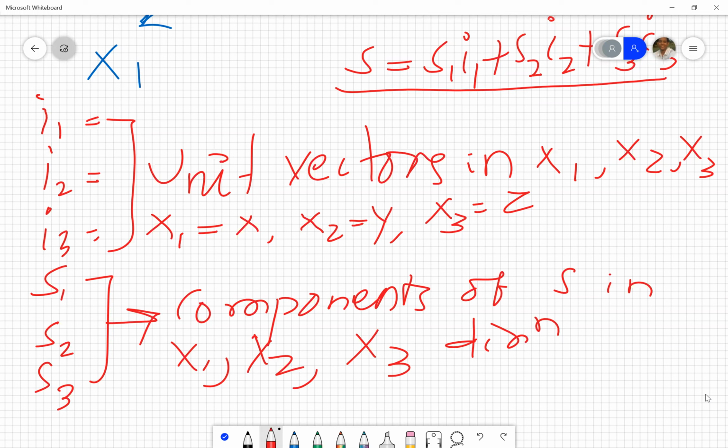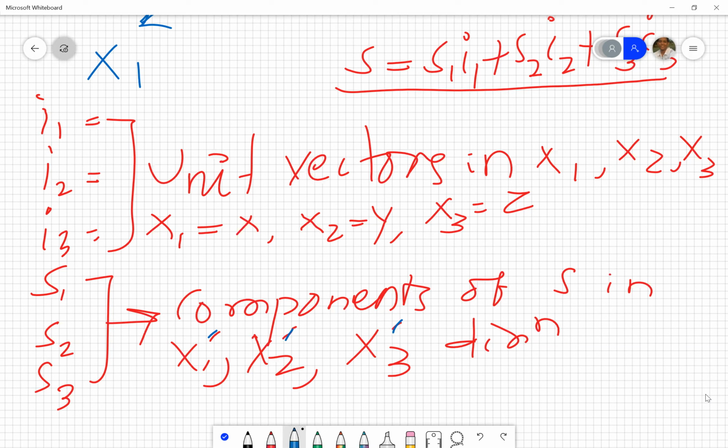We are taking the total vector, that is S. Some directions are changed here: in the directions of x1 dash, x2 dash, and x3 dash. These are the components of S in the x1 dash, x2 dash, and x3 dash directions.